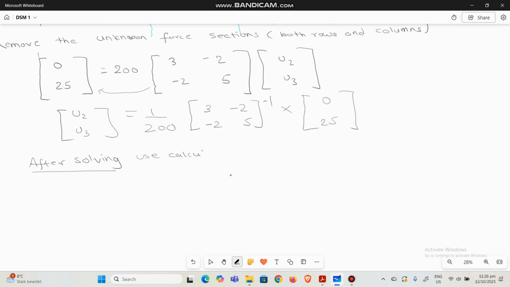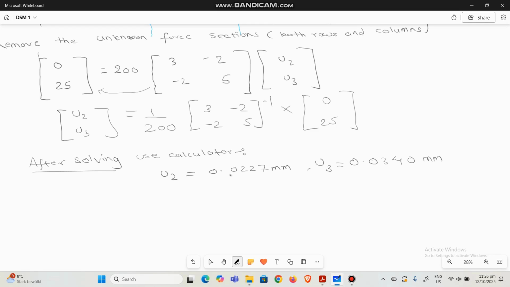Then you will get u2 as 0.0227 mm and u3 as 0.0340 mm.